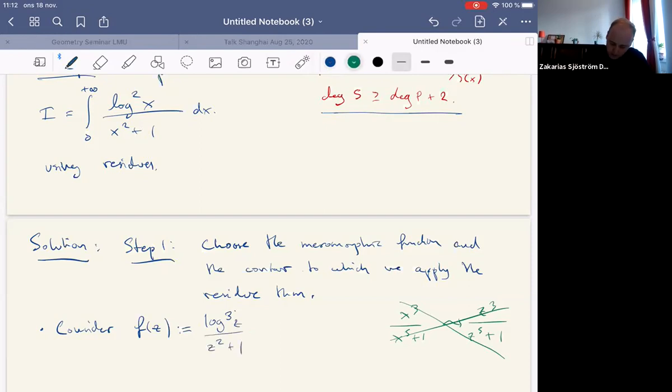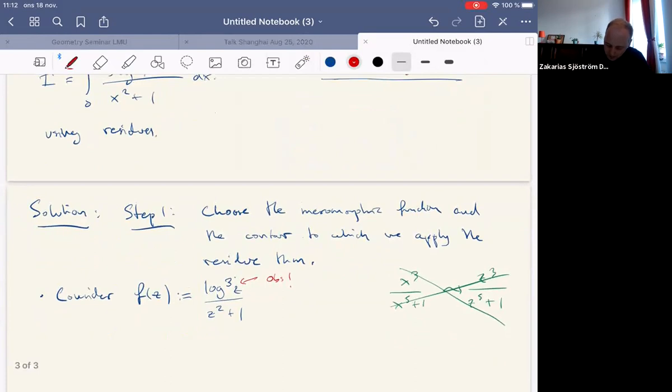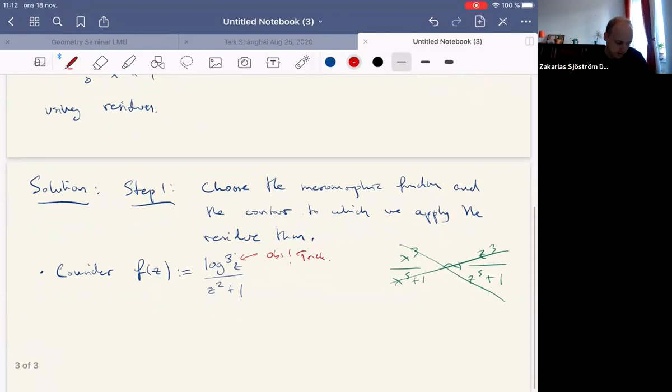And here we really observe this unusual little trick, that we put the 3. So we put k plus 1 if you have tried to integrate log to the k. Put log to the k plus 1 here. And we will see why this trick works. So I wanted to show you this integral to make sure that you have seen this trick.